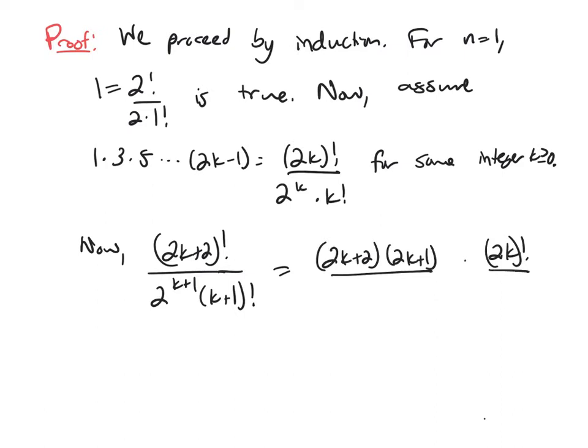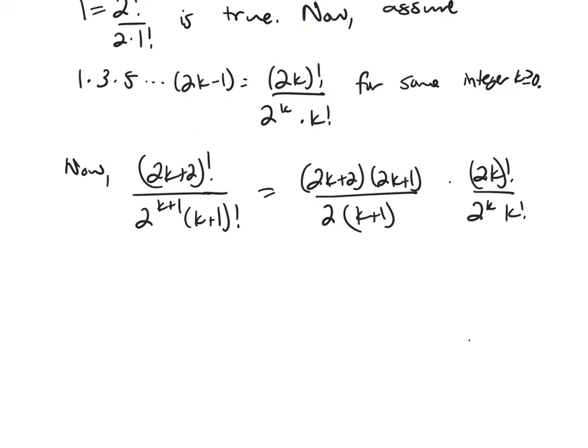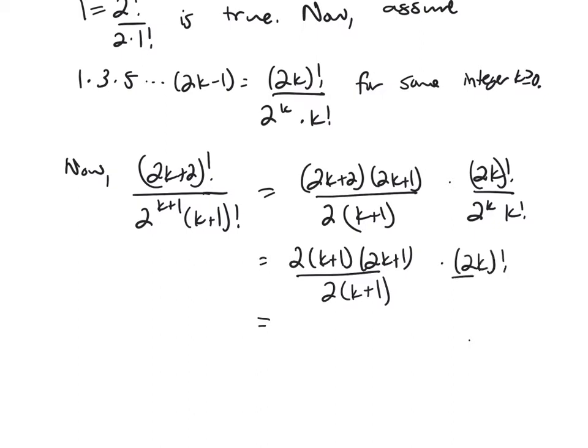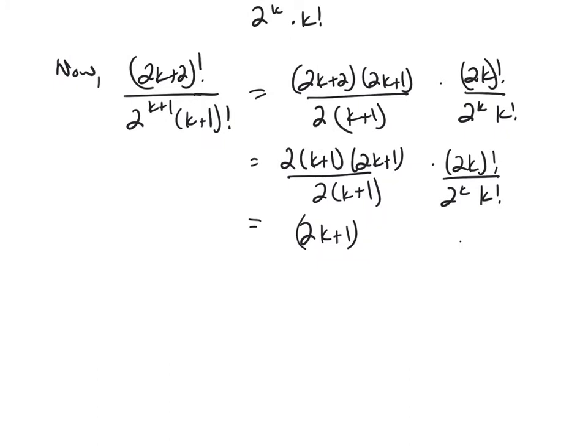In the denominator, I can split this 2 to the k plus 1 as 2 to the k, and split up k plus 1 factorial as k plus 1 times k factorial. So then what did we do here? We pulled out a 2, which then allowed me to cancel. So this is equal to 2k plus 1 times this.